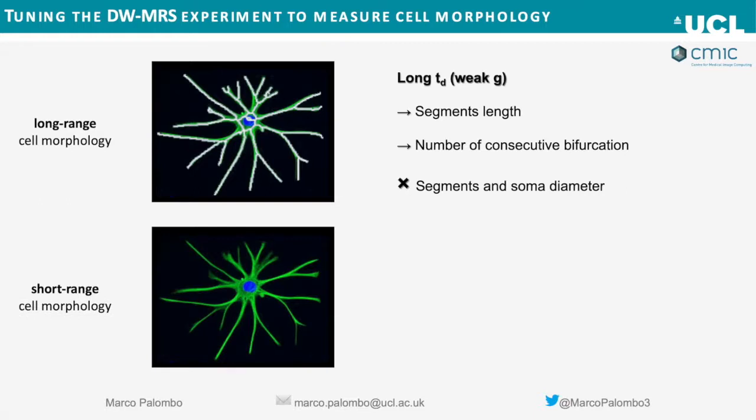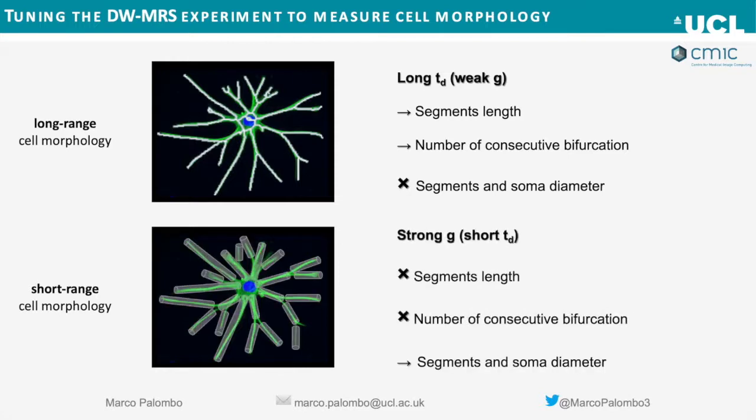On the other side, the opposite logic of course applies. For the case where we want to measure instead the fiber sizes and the soma sizes, we will need shorter diffusion time and much stronger diffusion gradients.